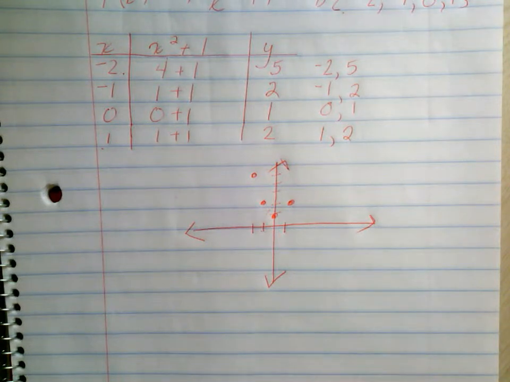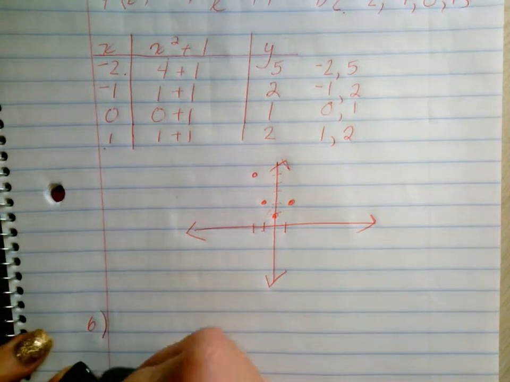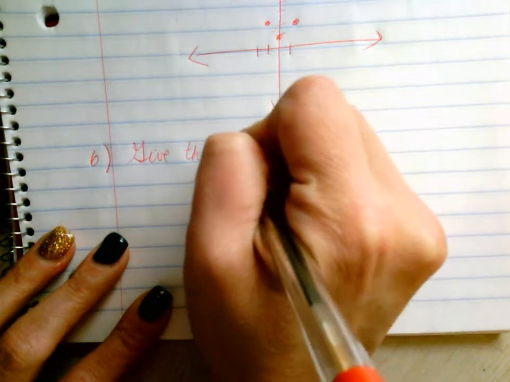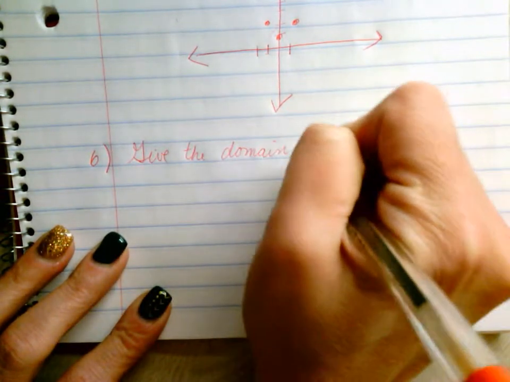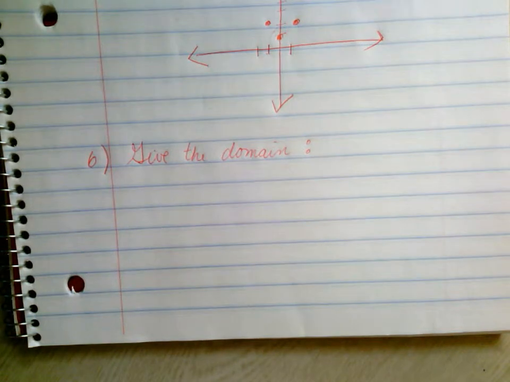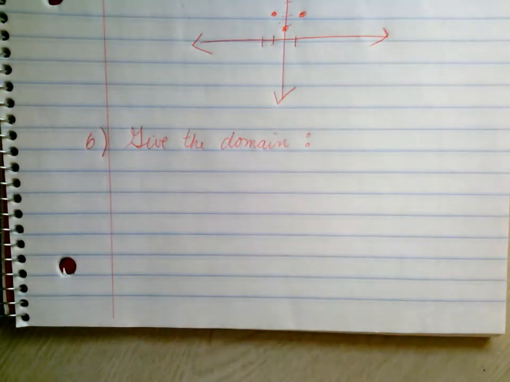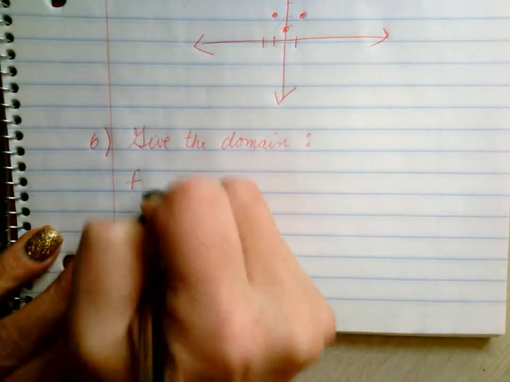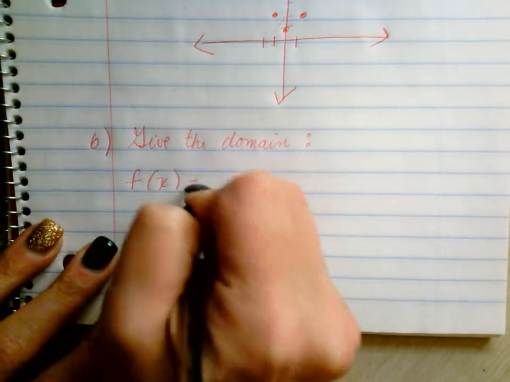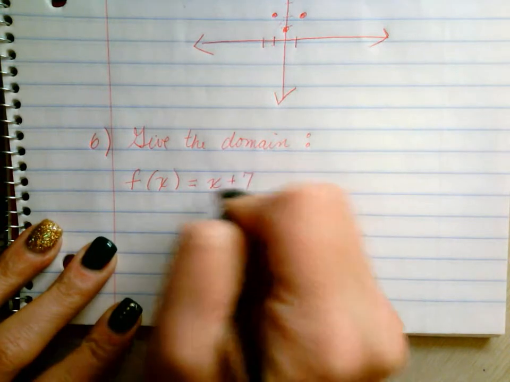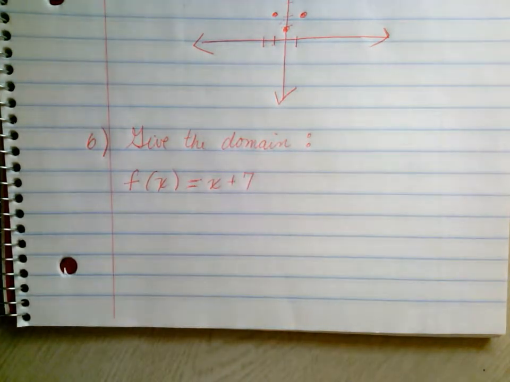The next two, several of you missed. This is where they ask you, give the domain. Okay, so they give you a function and they say, what's the domain? Now think about what domain means. Domain is what values can I use for x? Okay, so the one for number 6 is f of x is x plus 7. Instead of thinking, what can I use, I want you to think, what can't you use?